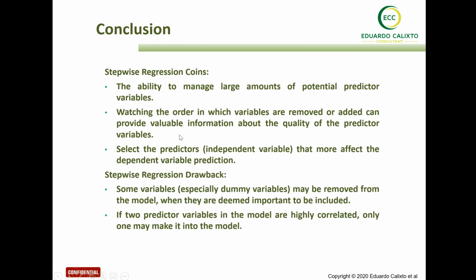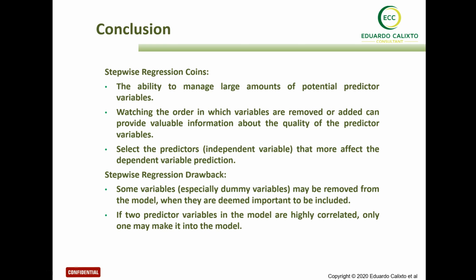As we saw by explaining the methodology of stepwise regression, it selects the predictor independent variable that most affects the dependent variable prediction, in our case the remaining useful life. And we saw that even considering temperature, corrosion, and pitting, the corrosion was the one that had more effect on the remaining useful life prediction. That's why the model selects only this variable.